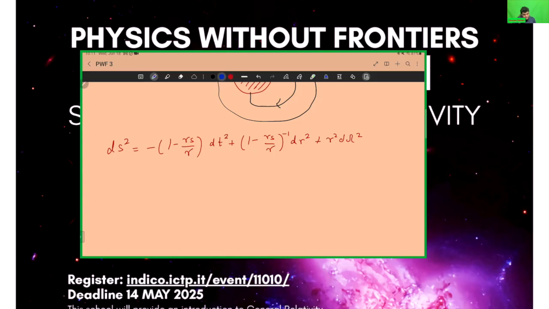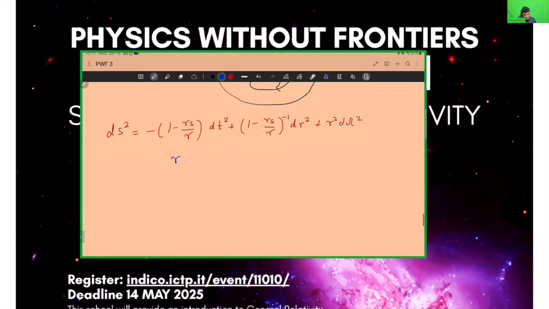We saw that when r equals the Schwarzschild radius, which is 2GM, the time component is 0 and the radius component is infinity, right? Both of these things are bad. The metric tensor should not be 0, and the metric tensor going to infinity is even worse, right?